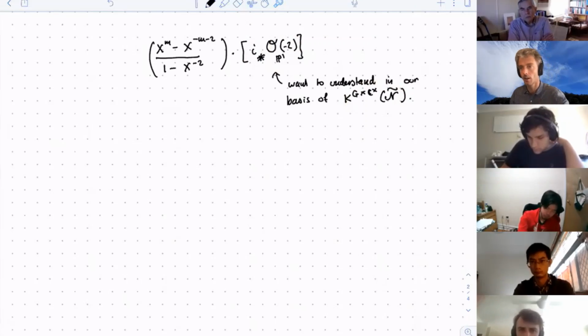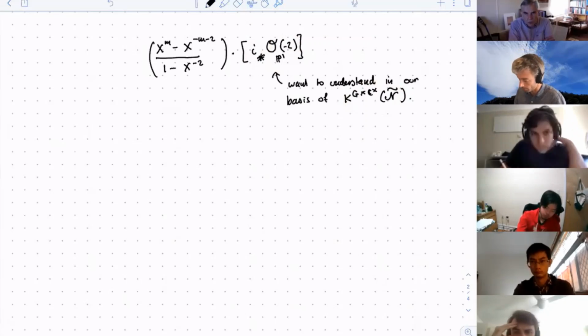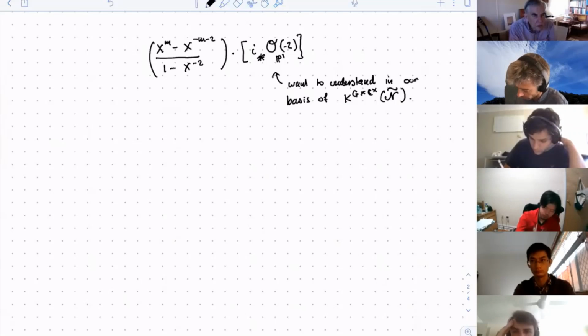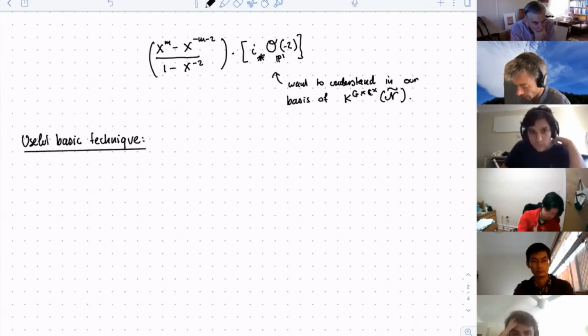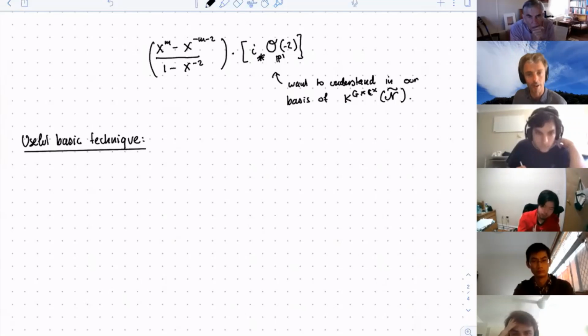So now comes a useful basic technique. So let me apologize to the more experienced algebraic geometers in the audience.